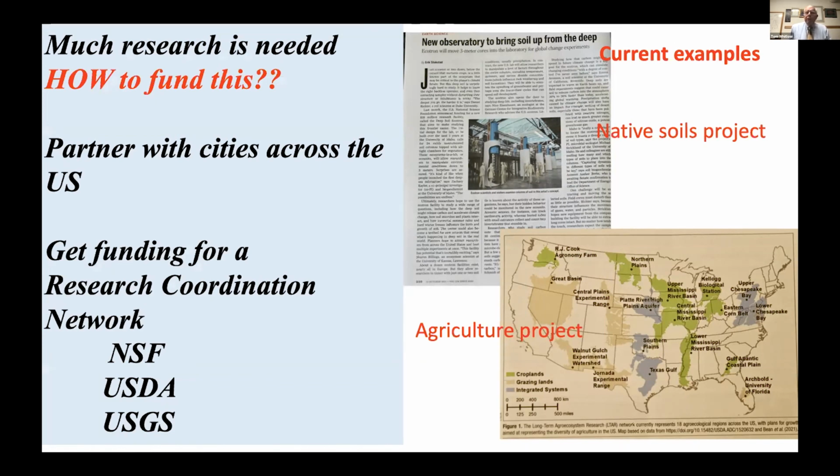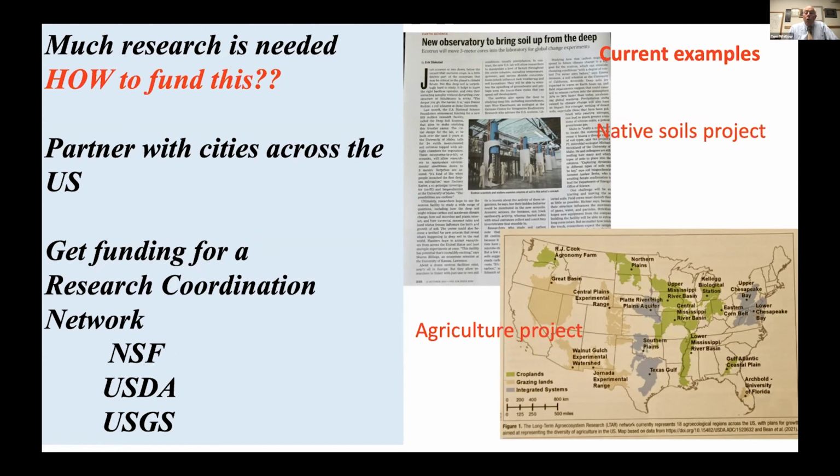How are we going to fund this? I'm suggesting that we need to partner with cities. Los Angeles can catalyze this, with cities across the United States, and get funding for a research coordination network. This can be obtained through the National Science Foundation, USDA, USGS, and on the right here are two current examples that have shown up in the journal Science or EOS just in the past month.